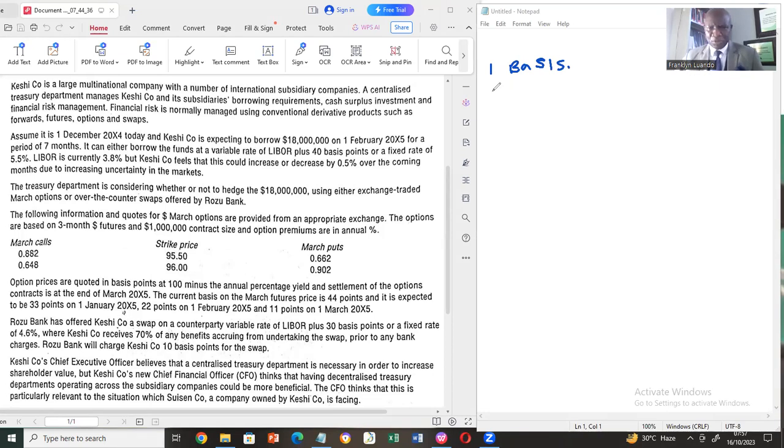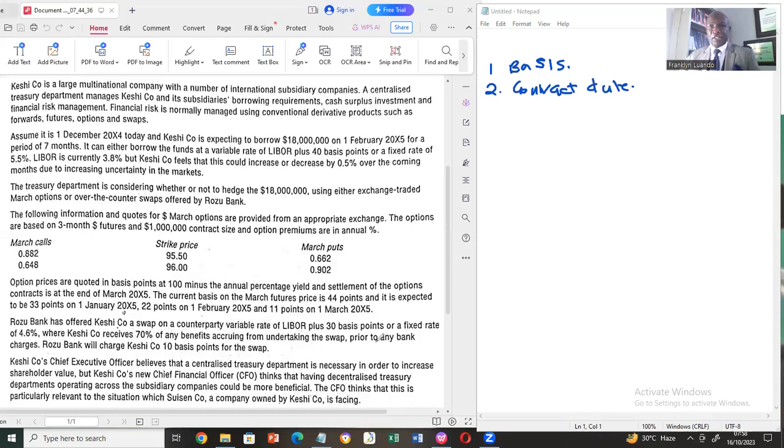Number two, you need to determine the contract date. Now, because these futures are in contracts, which are in cycles of 3 months.